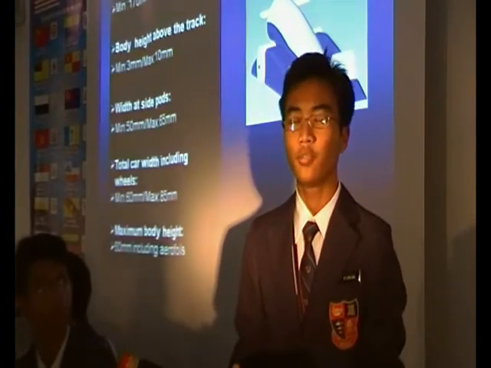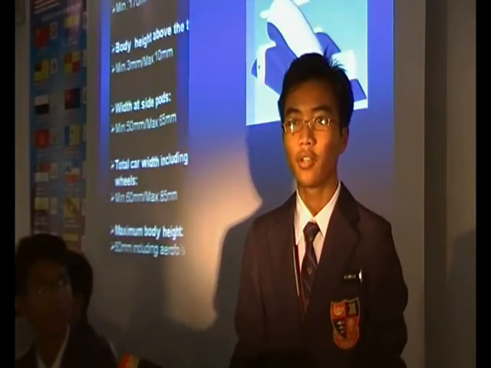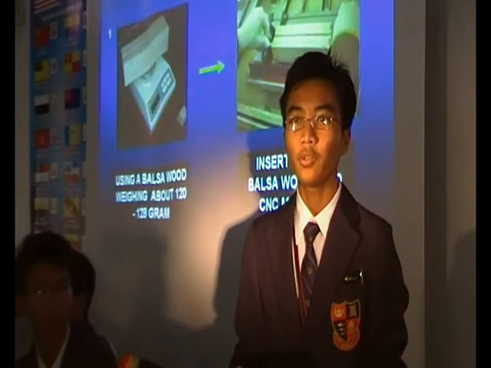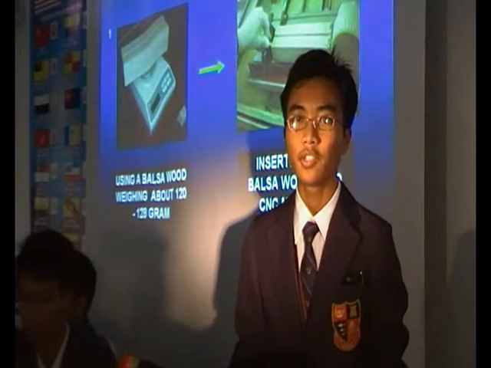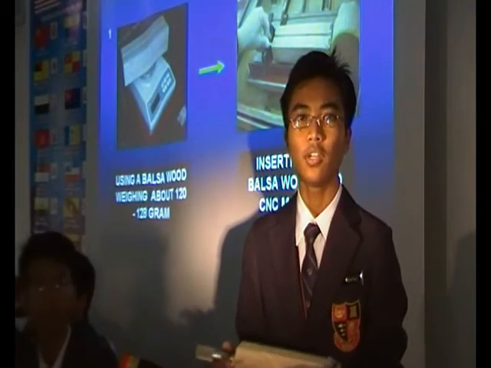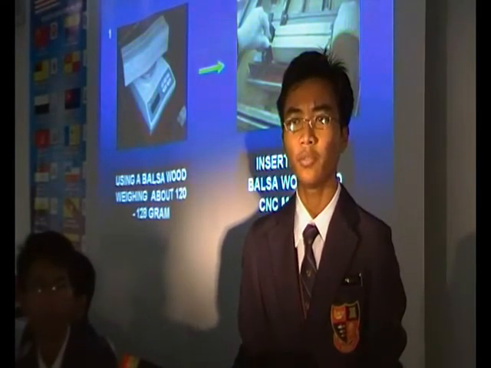A vernier caliper is used to measure the dimensions of the real car with a sensitivity of 0.01 cm. The design from Solid Edge is converted into an STL document before it can be used.